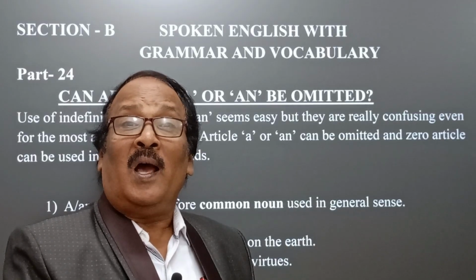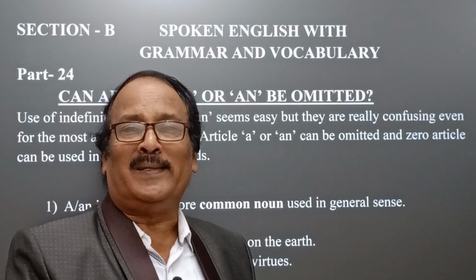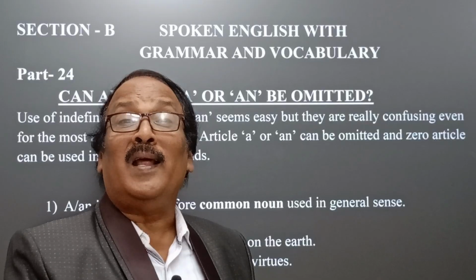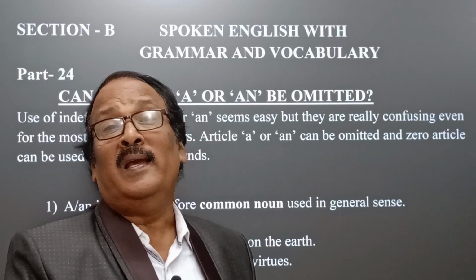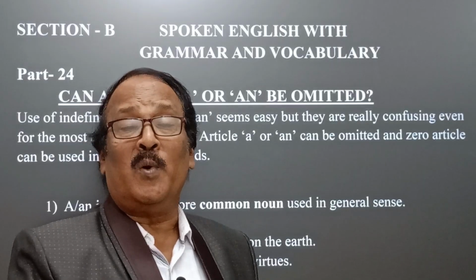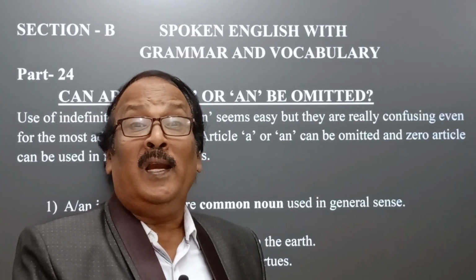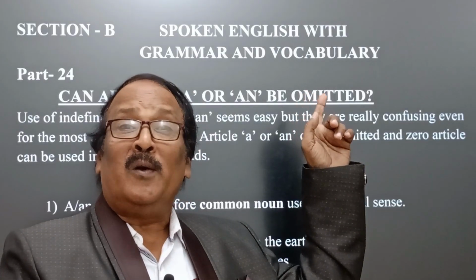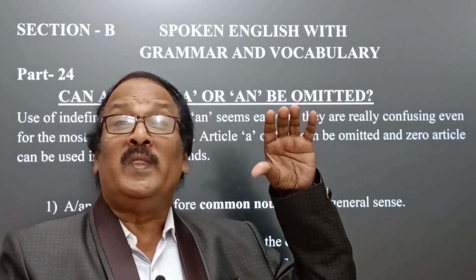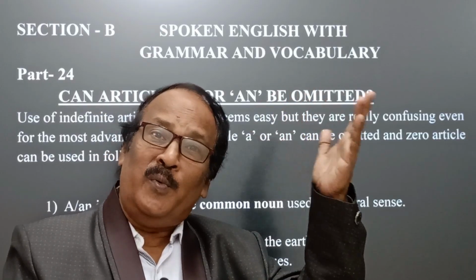In the last class, we also discussed the multiple uses, I mean several uses, of a or an. That's why we can easily express them in our sentence construction at the time of writing and speaking. In today's segment, we are going to focus on a very interesting idea: how a or an can be removed.